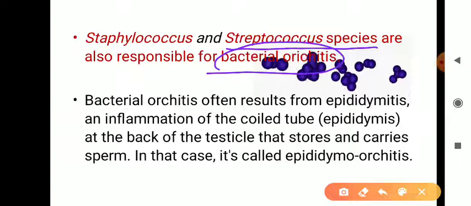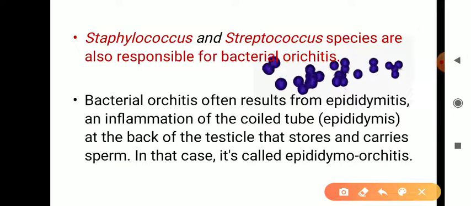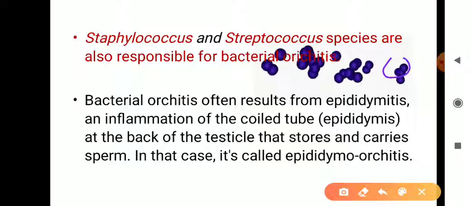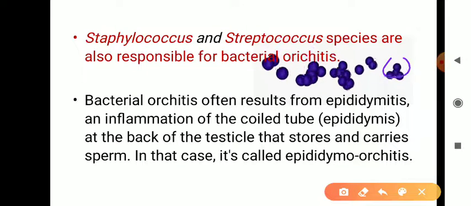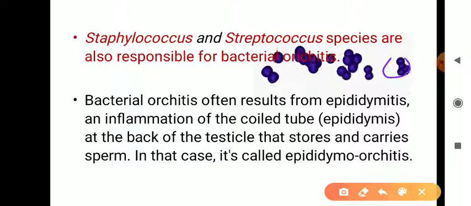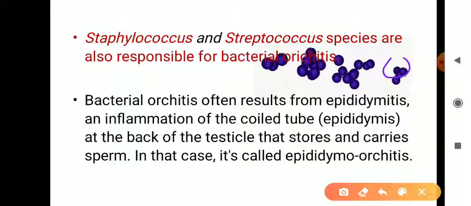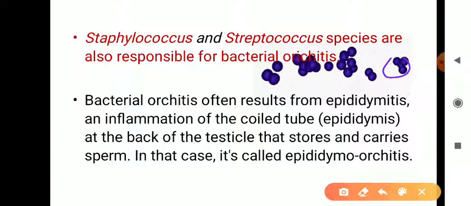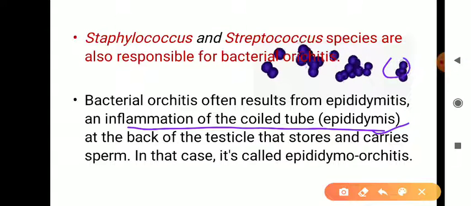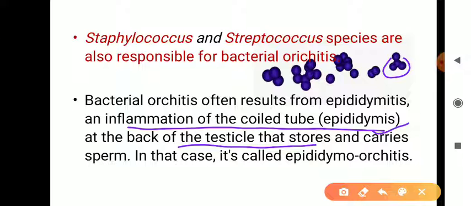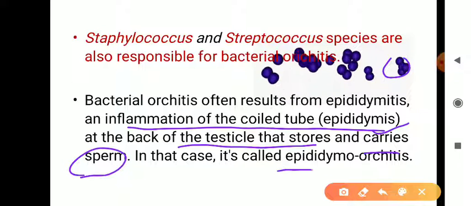As in the picture you can see, Staphylococcus bacteria are spherical in shape. Bacterial orchitis often results from epididymitis, which we have already discussed. Epididymitis is usually caused by bacteria. It is an inflammation of the coiled tube, the epididymis, at the back of the testicle that stores and carries the sperm. In this case it is called epididymo-orchitis.